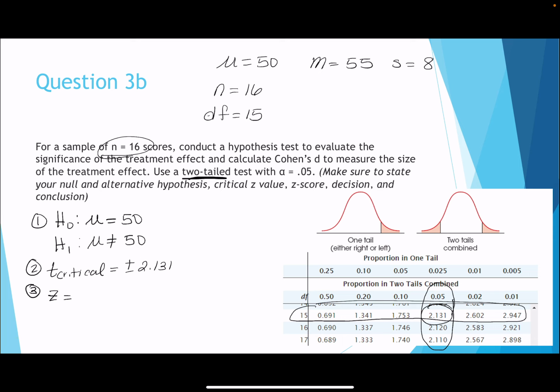Again, t equals my sample mean minus my population mean over my estimated standard error, which is my standard deviation over the square root of my N. So this is 8 divided by the square root of 16, or 8 divided by 4, which is 2. So up here we have 55 minus 50 divided by 2, so 5 divided by 2, which gets us 2.5.